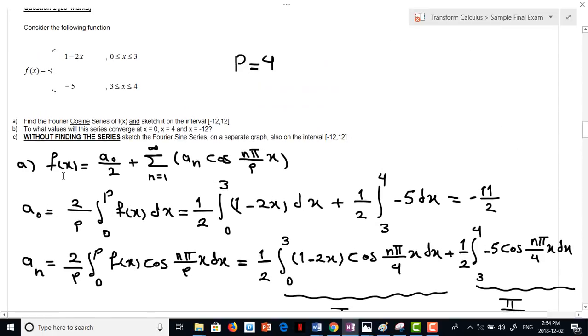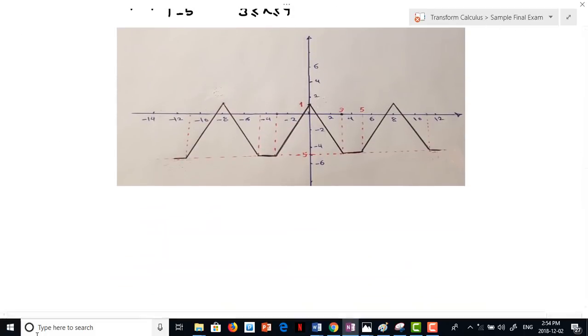Now in part B, it says to what values will this series converge at x equal to 0, 4, and minus 12? So you can easily use your plot here. When x is equal to 0, I call the Fourier series g. So g(0) is equal to 1.